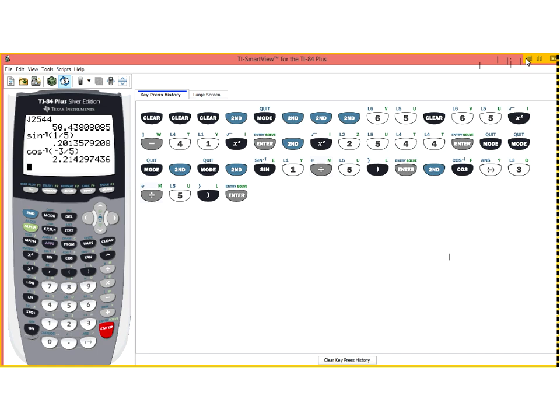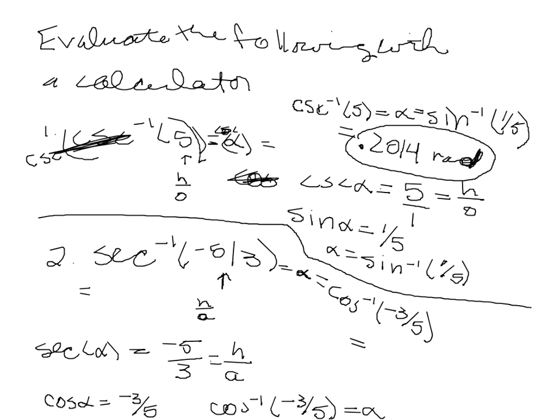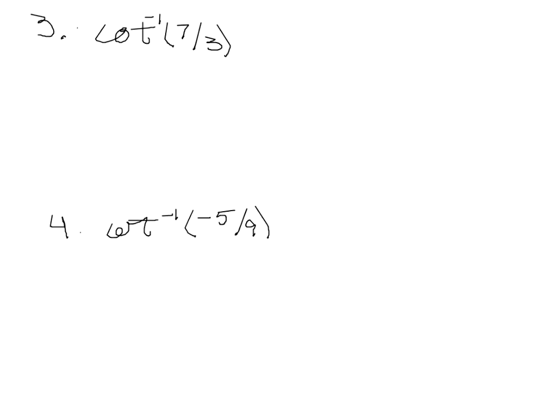I get 2.2143. So that's an angle in quadrant 2. That's between pi over 2 and pi. So 2.2143, and that's my answer. And it's in radians because it's an angle measure.